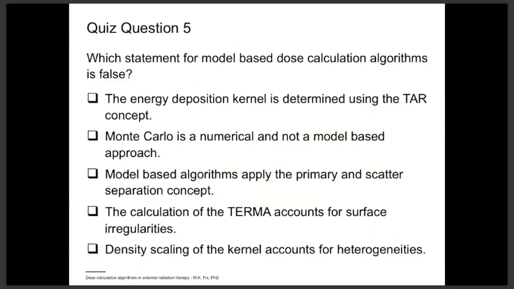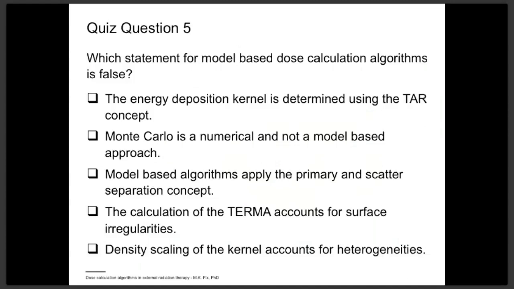And we have one question in the chat window, or actually a couple now. Is it mass density or electron density, someone asks? This is typically electron density because you assume that the Compton effect is the most relevant interaction type, and the Compton effect is proportional to the electron density.